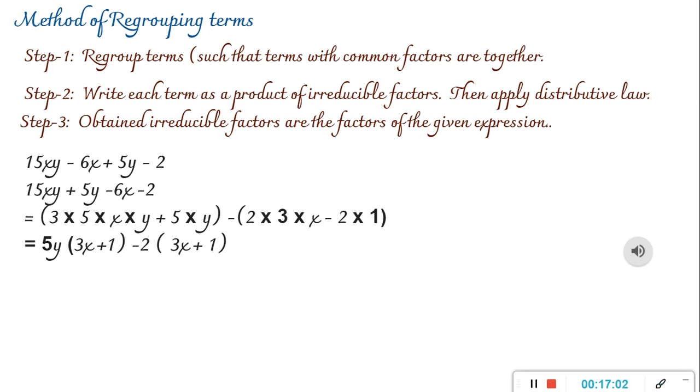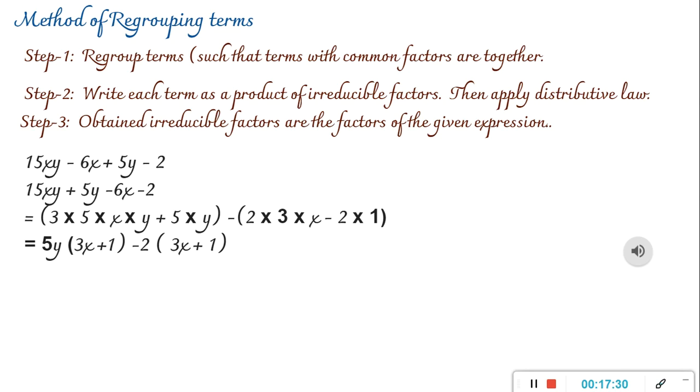Similarly, if we compare these two terms, what is common? 2 is the common thing. If you take 2 outside, what would be inside the bracket? Here we give special attention because we are taking the minus sign also as common. Not only 2, we are taking the minus sign also as common.